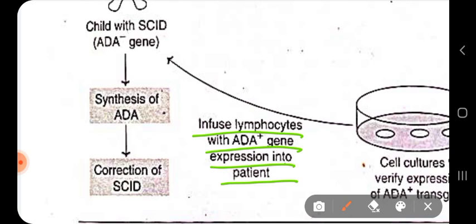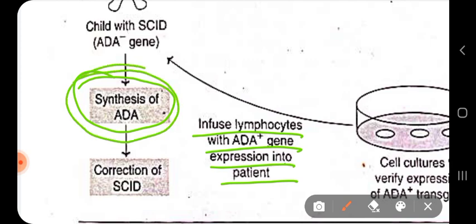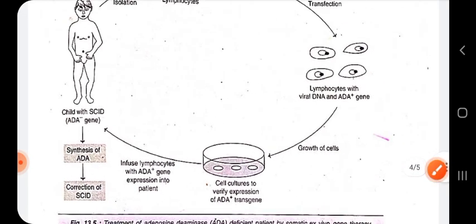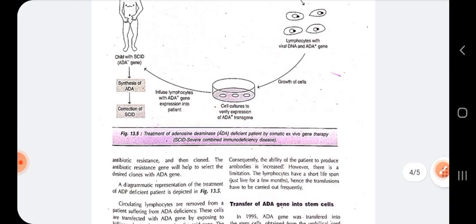The lymphocytes have become modified, as we have introduced our desirable gene via the vector. They are reintroduced into the patient, and after certain days we check whether they are producing normal ADA or not. Then we will see that they synthesize the normal ADA protein, where we will correct the disease, will cure the disease.